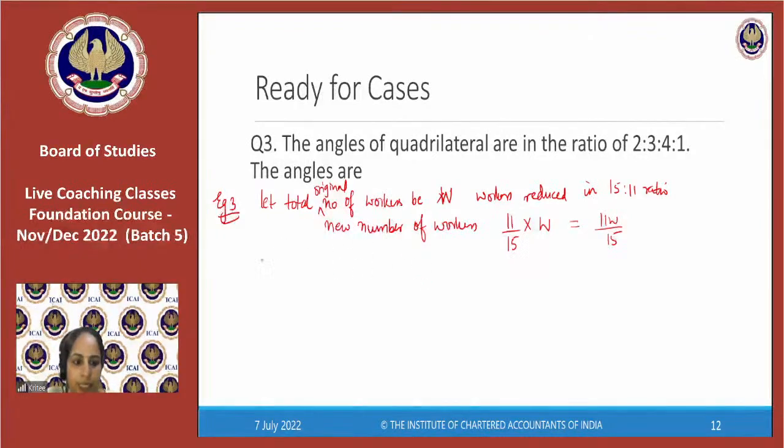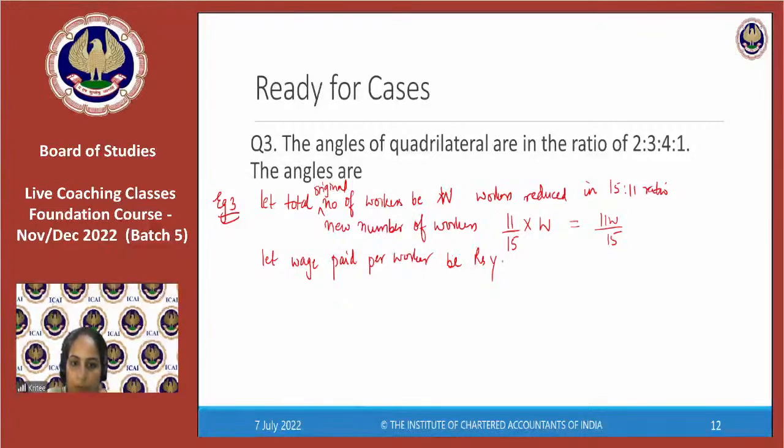Then the next part says, let the wage paid per worker be Y rupees.